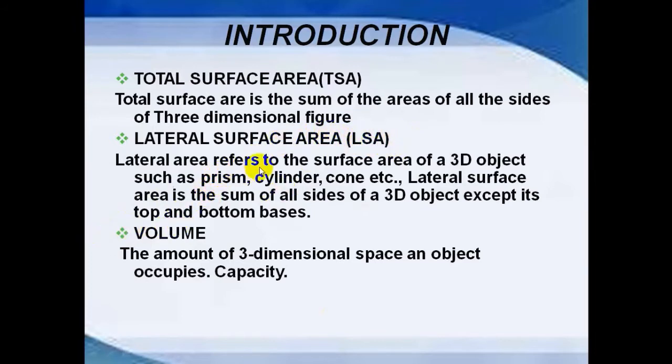Lateral area refers to the surface area of a 3D object such as a prism, cylinder, cone, etc. Lateral surface area is the sum of all sides of a 3D object except its top and bottom bases. Now, the amount of three-dimensional space an object occupies is called volume.